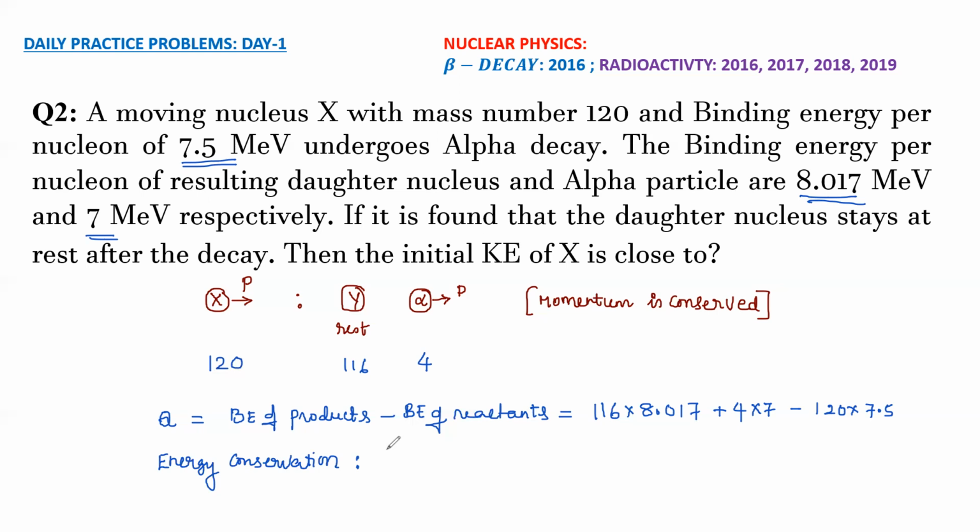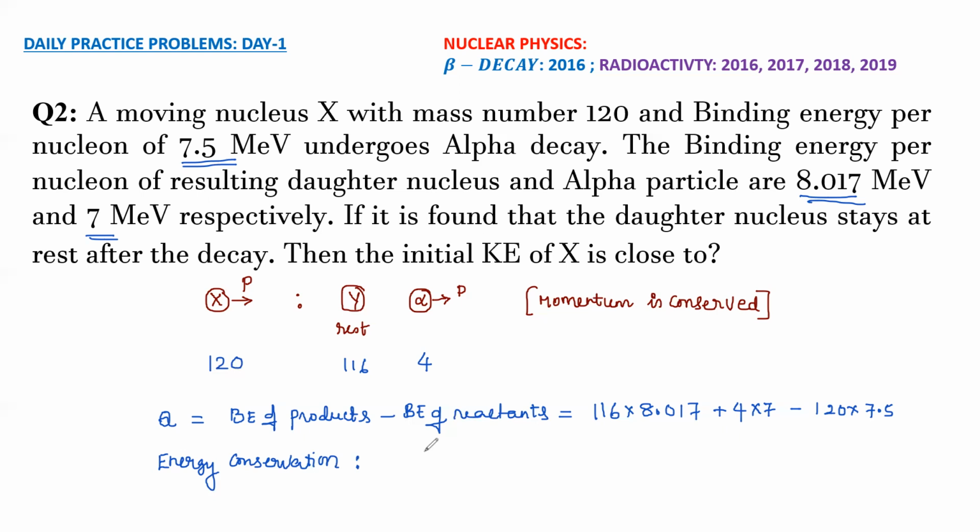It is not the energy possessed by the nucleus. Okay, so please do understand that. But in this question, we will do it in a much easier manner. We simply say the kinetic energy before the reaction plus whatever energy is liberated in the reaction shall be equal to the kinetic energy after the reaction.